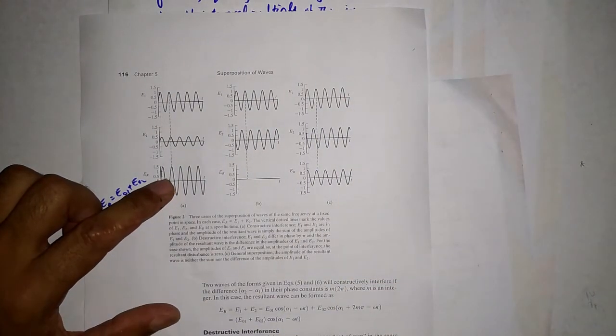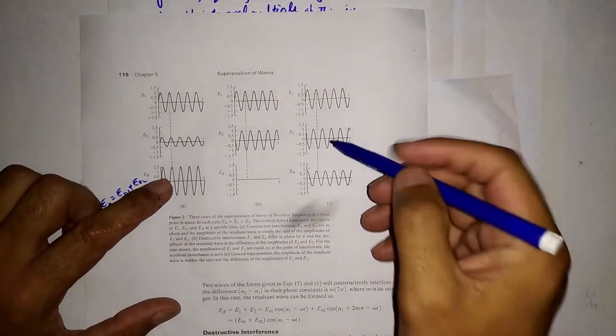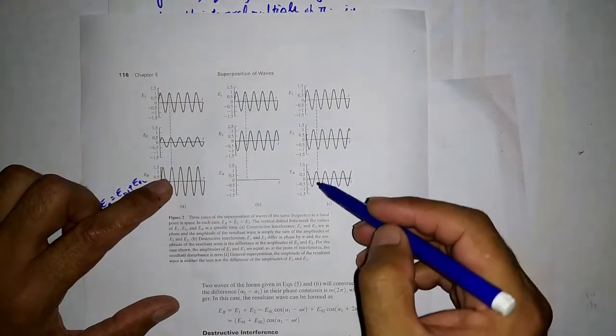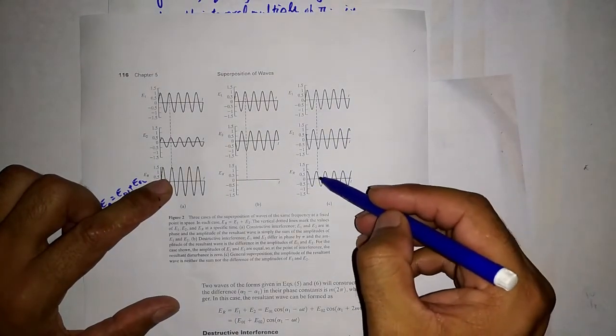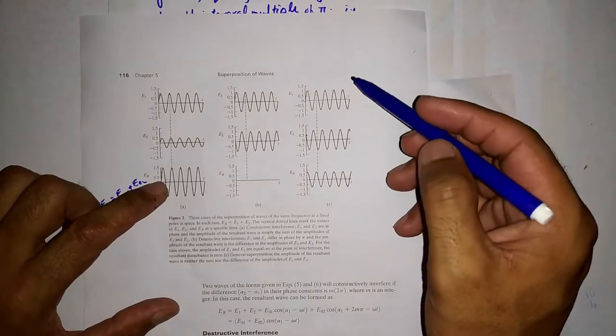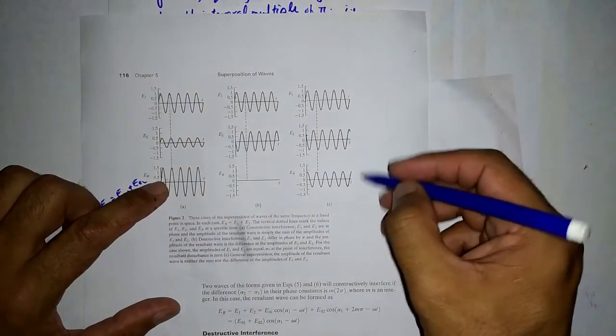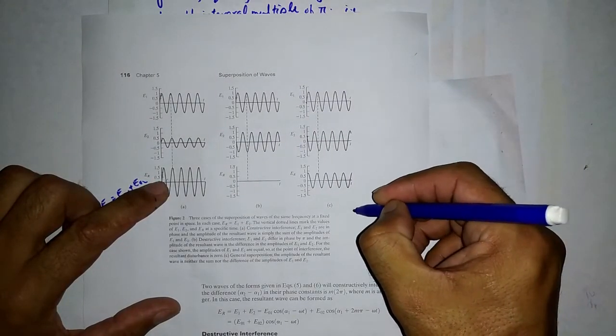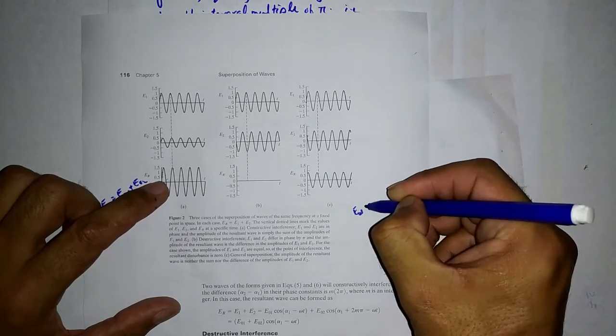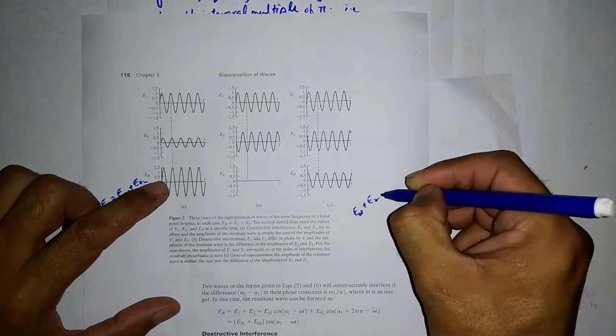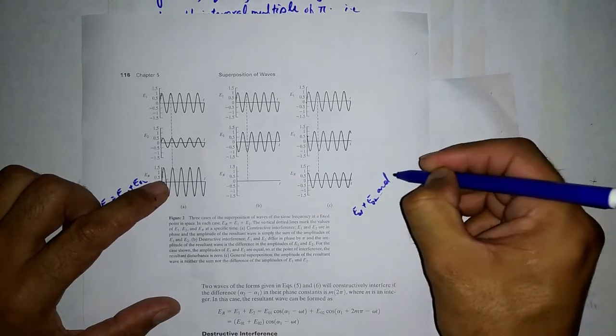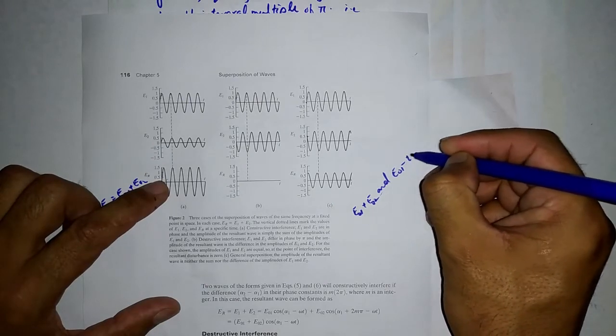Clear? And if they superpose each other, the amplitude of the resultant wave is between E naught 1 plus E naught 2 and E naught 1 minus E naught 2.